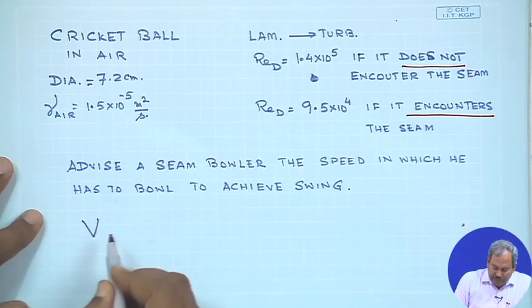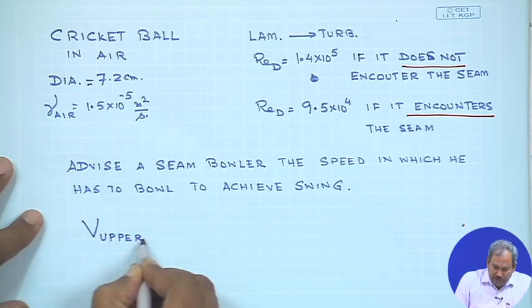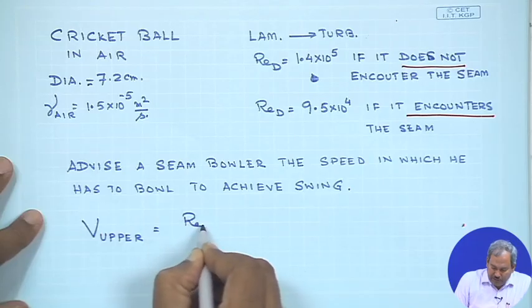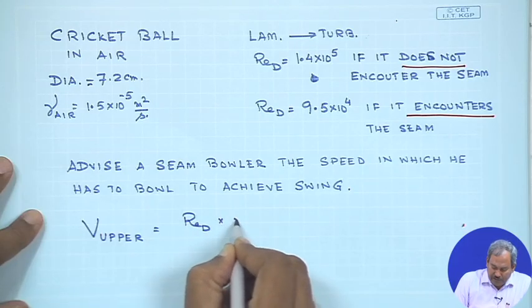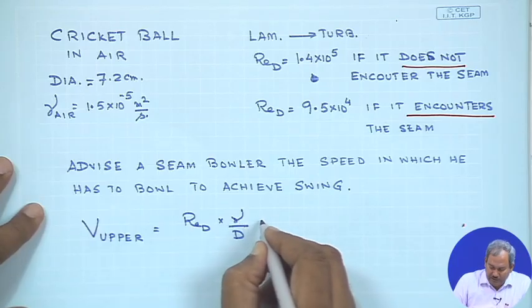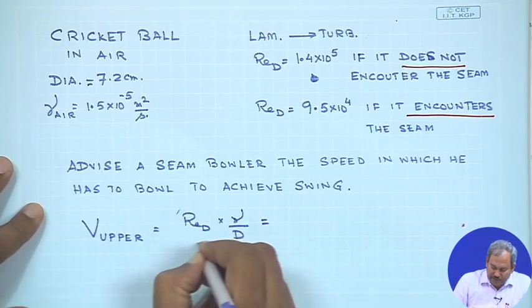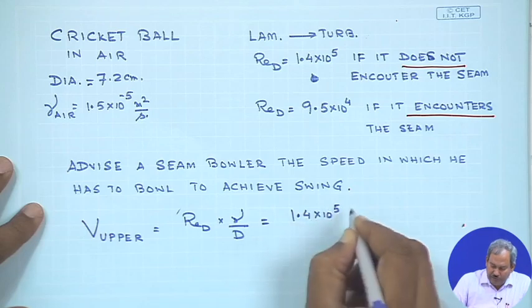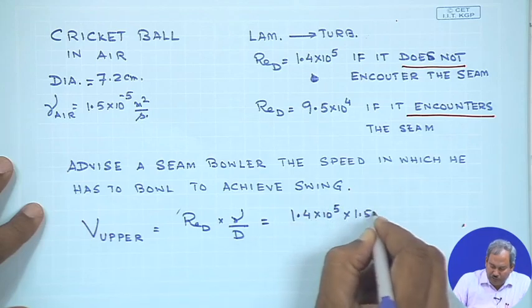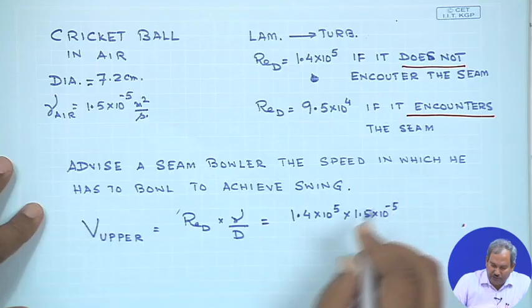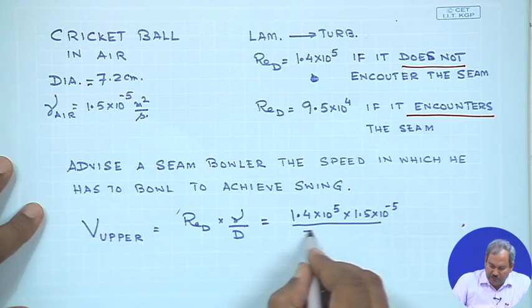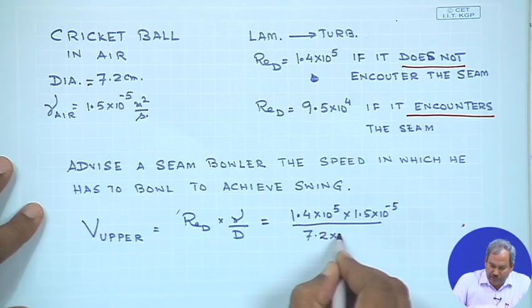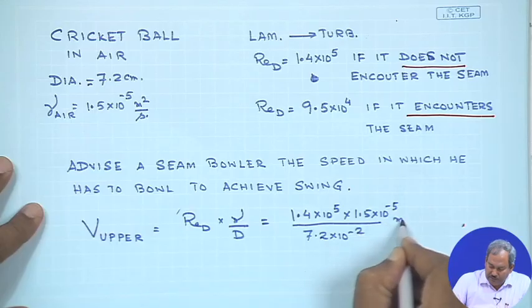So, obviously, the upper bound of the velocity would be the corresponding Reynolds number multiplied by ν/d. This ν is the kinematic viscosity, and we know that the upper bound would be 1.4 × 10^5, the kinematic viscosity is 1.5 × 10^-5, and the diameter of it is 7.2 × 10^-2 meter.